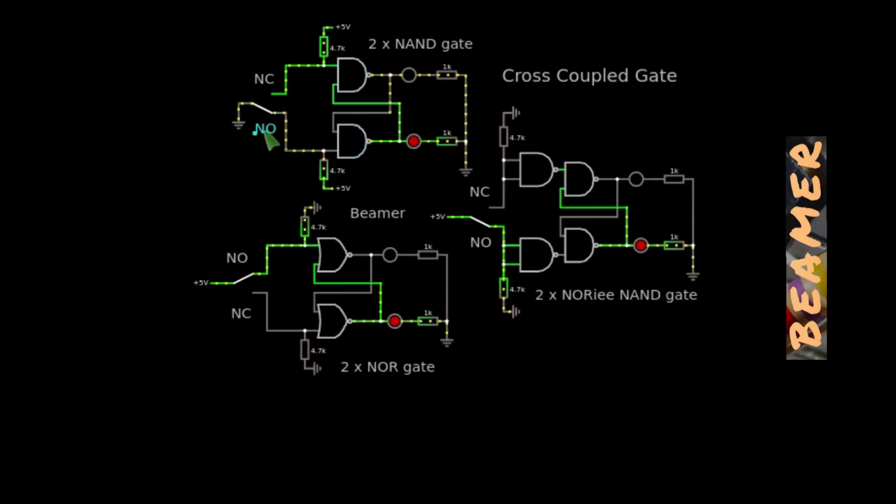Now if I operate the micro switch here like that, you can see that this cross-coupled NAND has completely flipped and is in the same state as it was in the normal open position, but flipped. So you've effectively got 0 volts here, 0 volts at that point there, the NAND gate, so therefore it's a 1 on the output there.